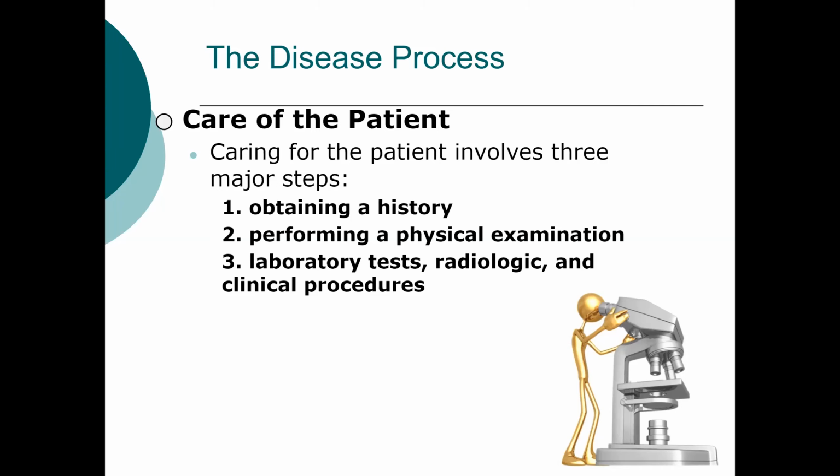We can order different radiological images. We can order different clinic procedures to be done. Say they need an angiogram. If they're having chest pain, suspected blocking of the coronary arteries, we can send them for an angiogram that's probably going to show us exactly what's going on there as far as the coronary arteries are concerned.